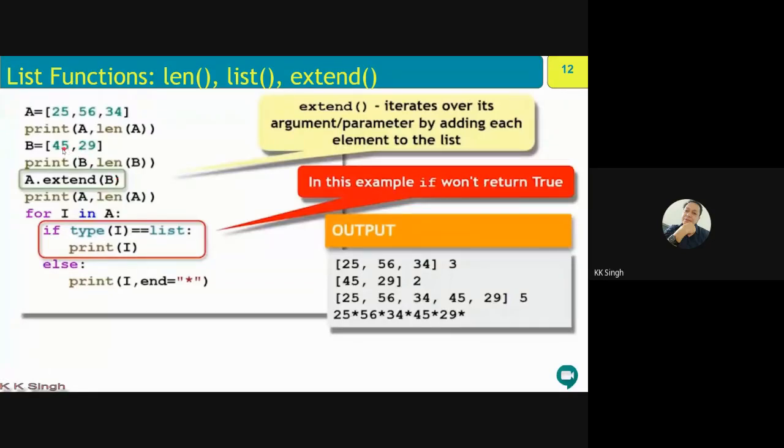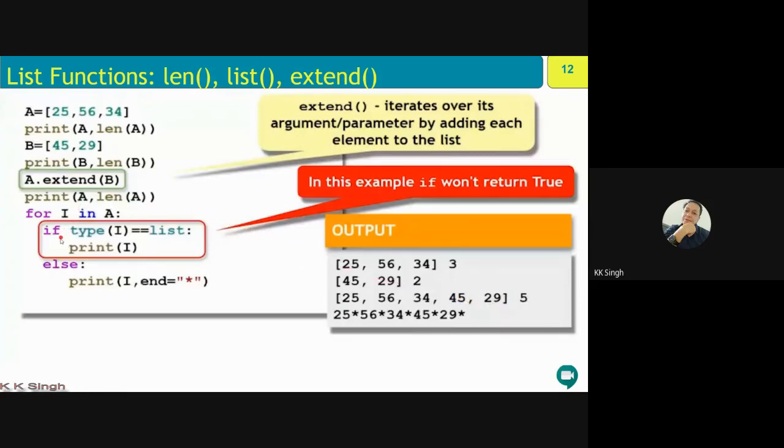So the second list, 45 and 29 in B list, will be appended to A. Okay. So see here, when you print A and length of A, it will print 25, 56, 34, 45, and 29 along with the length. So this is the result of this.